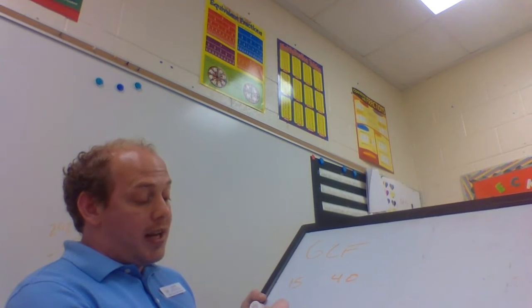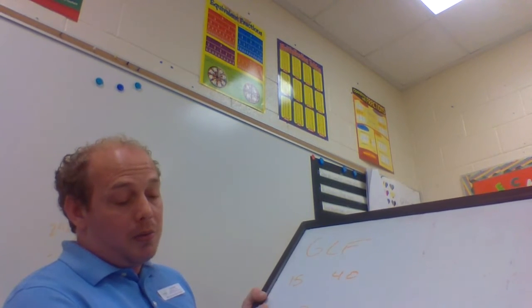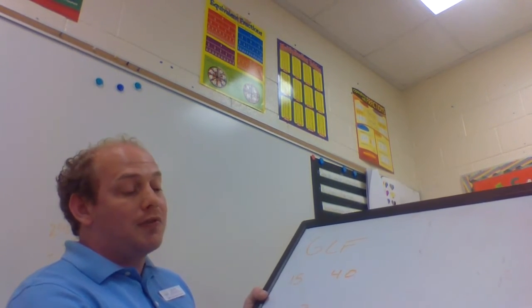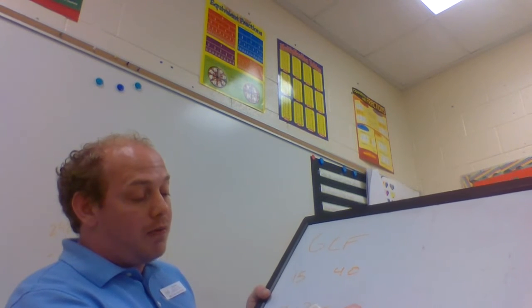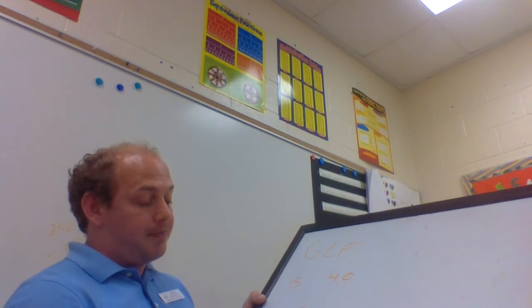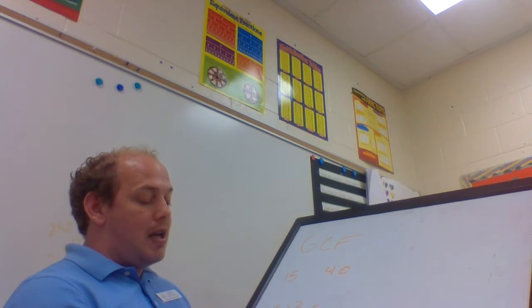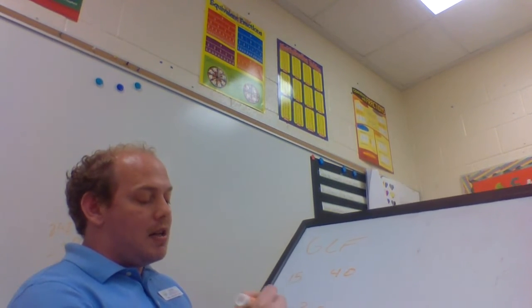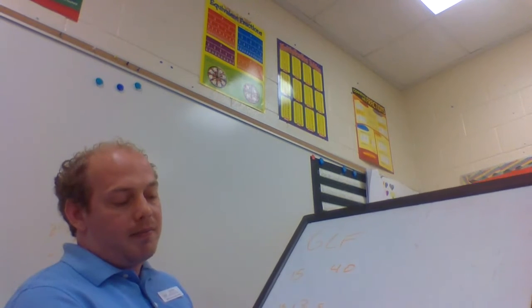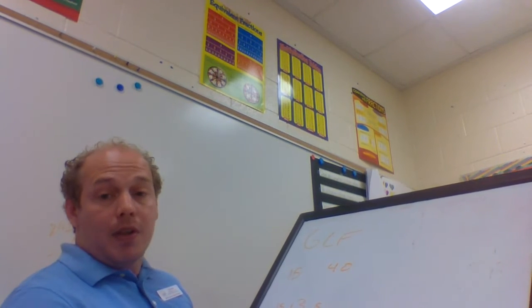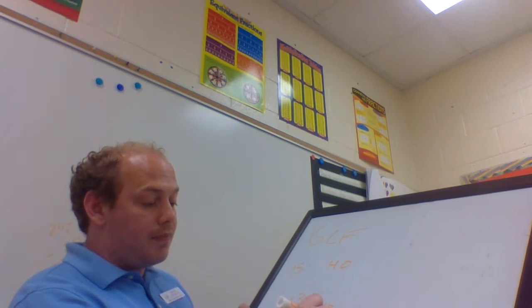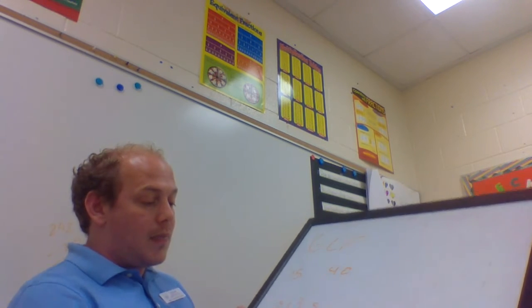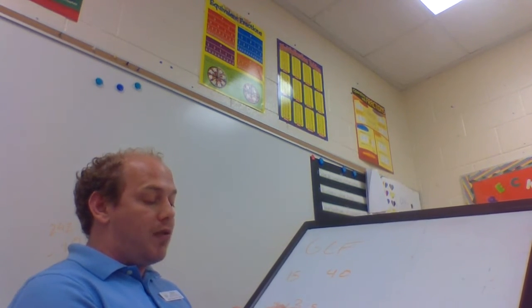Now, 40 has a factor of 1. 1 times 40 is 40. So 40 also has a factor of 40. Now, will 2 go into 40? Yes, because it's even. So 2 times what equals 40? 2 times 20. Will 3 go into 40?